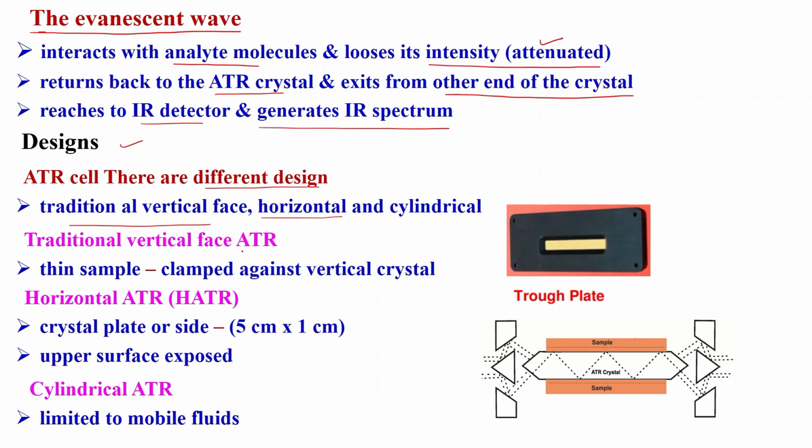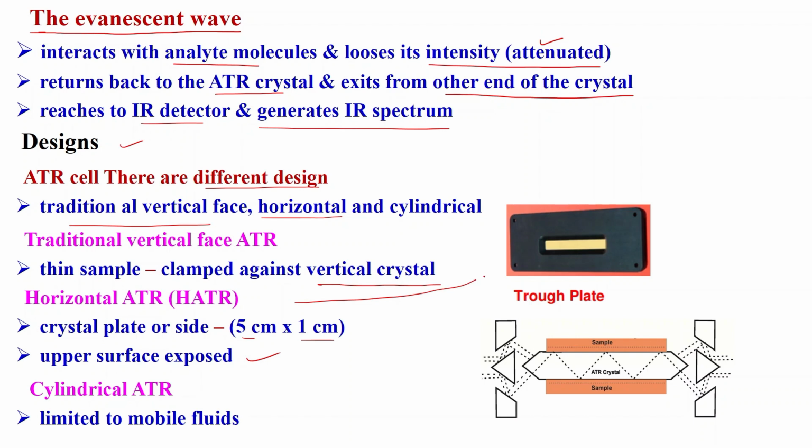So in the traditional vertical ATR, the thin sample will be clamped against the vertical crystal. The crystal placement is vertical, and the sample is aligned, that is clamped against it. Whereas in a horizontal ATR, the crystal plate is a flat plate, around 5 centimeter by 1 centimeter, and the upper surface will be exposed, as we can see here.